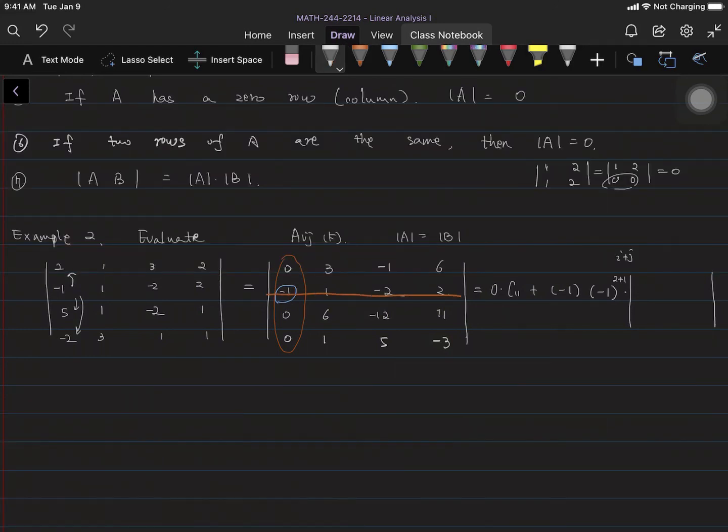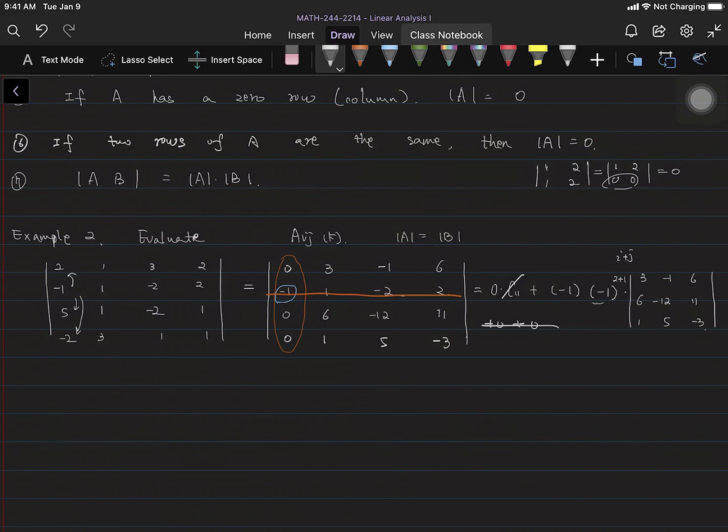Okay, let's write down what's left: 3, -1, 6, 6, -12, 11, 1, 5, -3, and plus 0 plus 0. Right, they are all zeros, so we don't need the calculation.